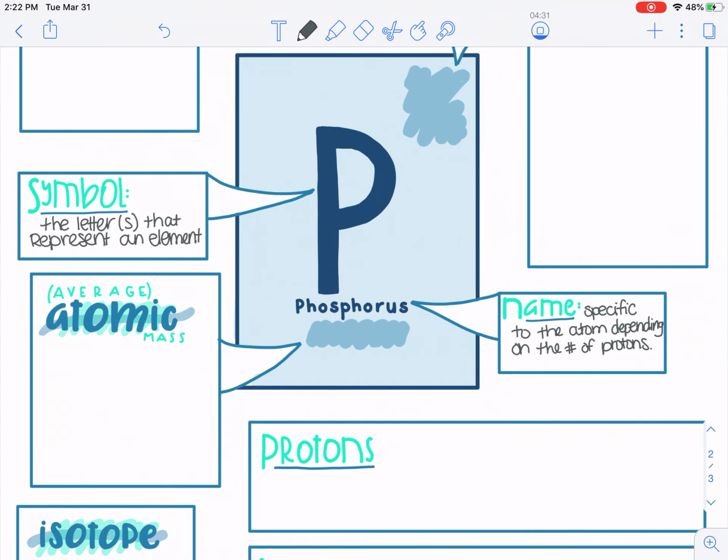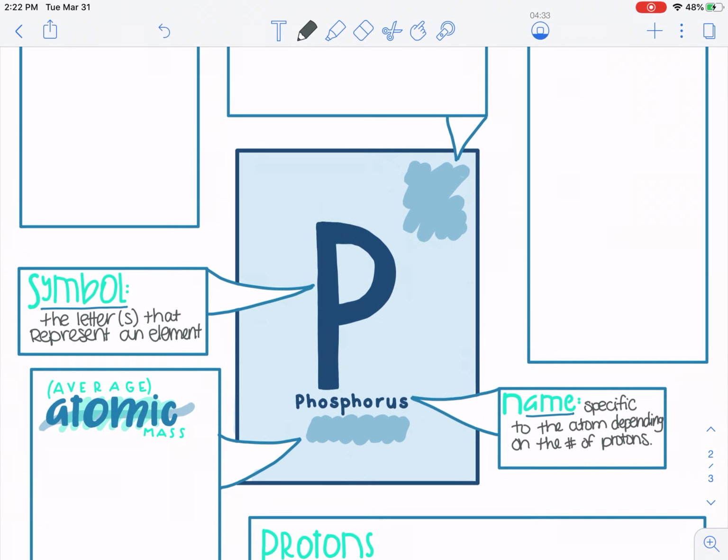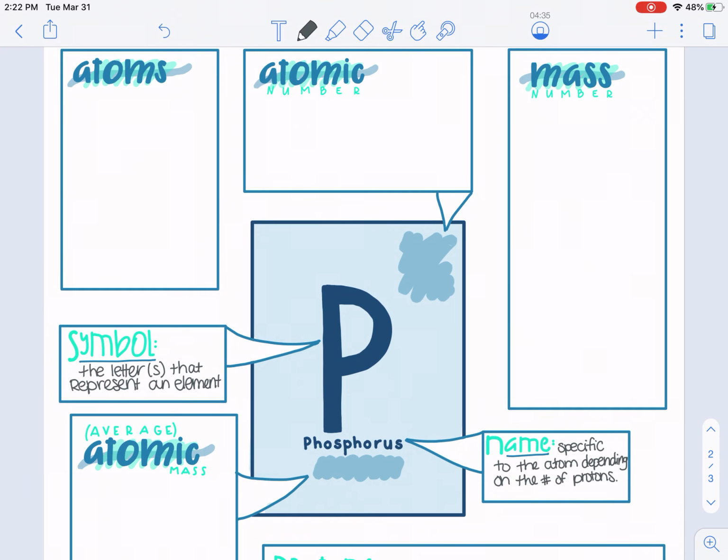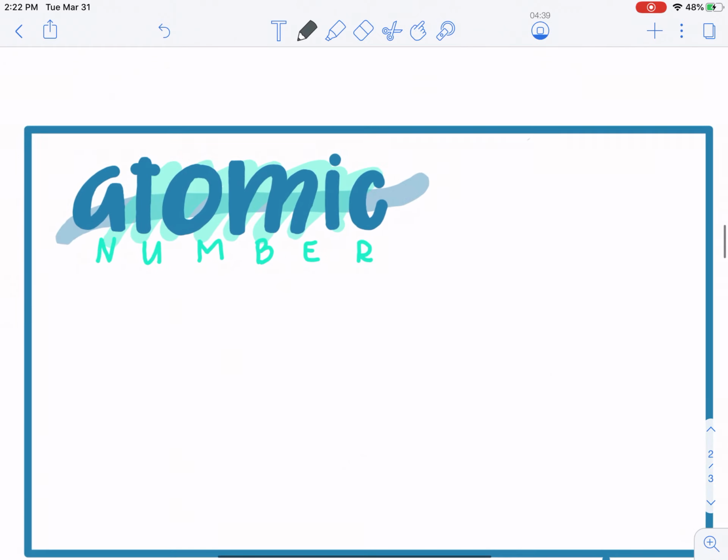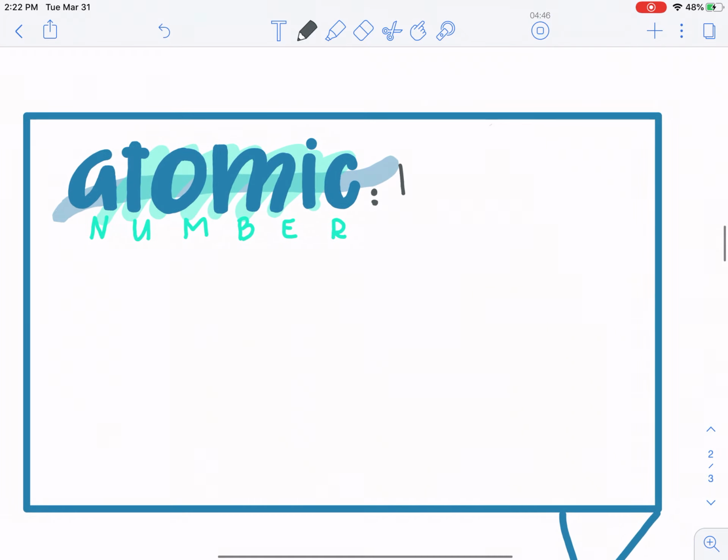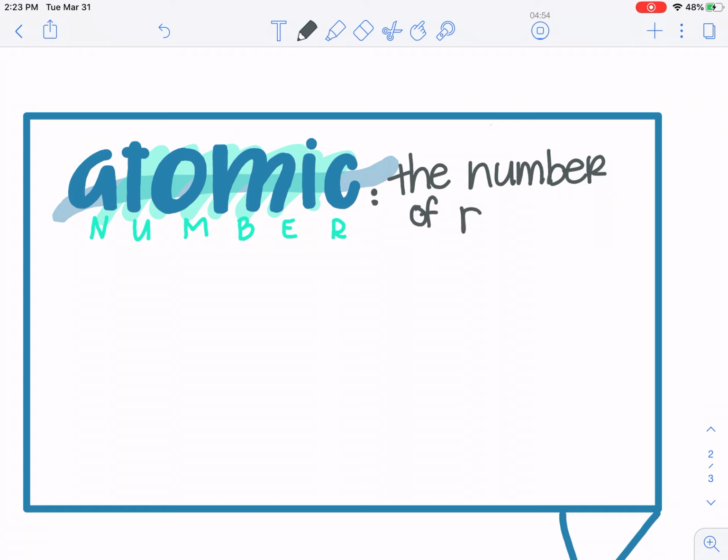That's how each atom gets its name, by the number of protons, which leads us into the atomic number. The atomic number is describing the number of protons in an atom.